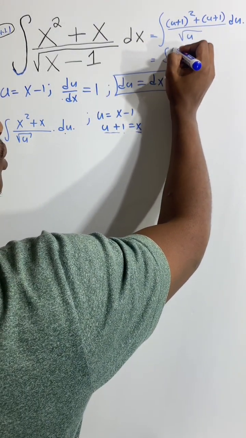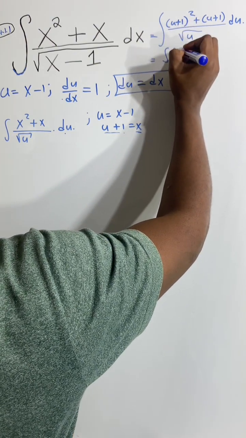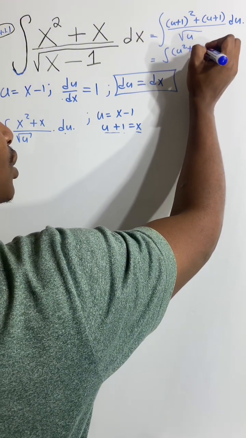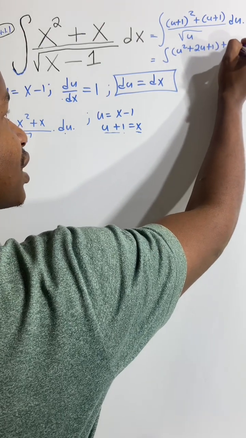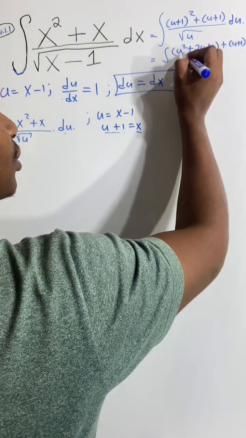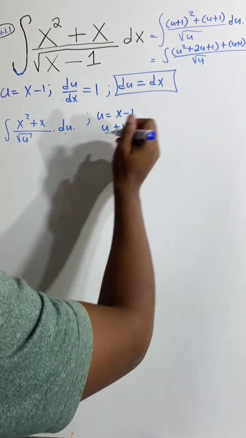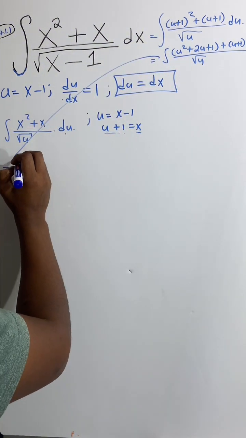So we expand u plus 1 squared, and when we expand, we will get u squared plus 2u plus 1, plus u plus 1, du over the square root of u. So we bring that down.